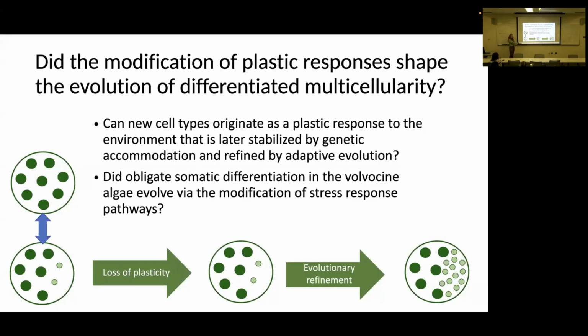Then that plasticity might be lost or stabilized through a process called genetic accommodation, which just means changes in plasticity. Then it could be secondarily refined by adaptive evolution. So you can see changes in traits like cell number, for example. And I'm also interested in whether obligate somatic differentiation in the Volvocine algae evolved through the modification of stress response pathways.